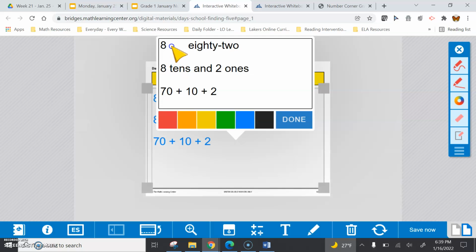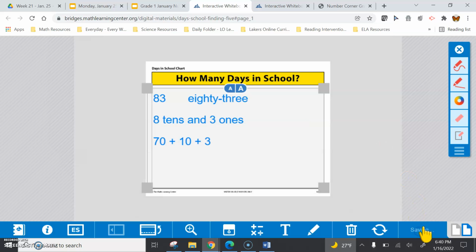And instead of 82, now we have 83. We'll make the number word 83. It will be 8 groups of 10 and 3 ones. And then it would be 70 plus 10 plus 3. That would help us make it to our 83.